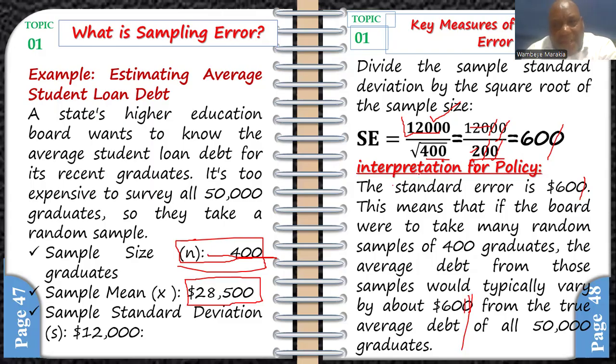Please, let me repeat here. The root of 400 is 20, not 200. And when you divide 12,000 by 20, you get 600. Please take note of that.